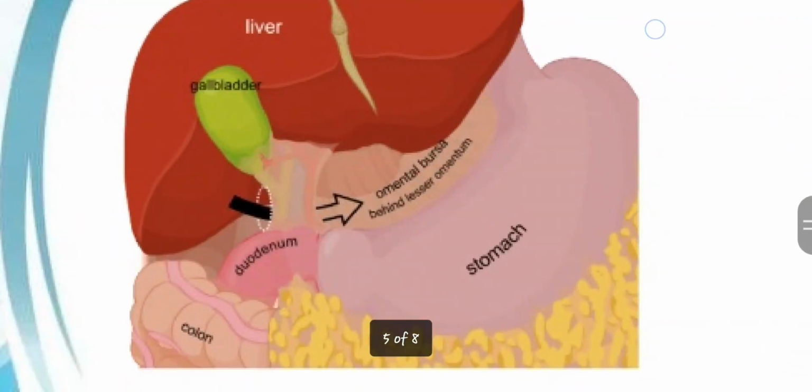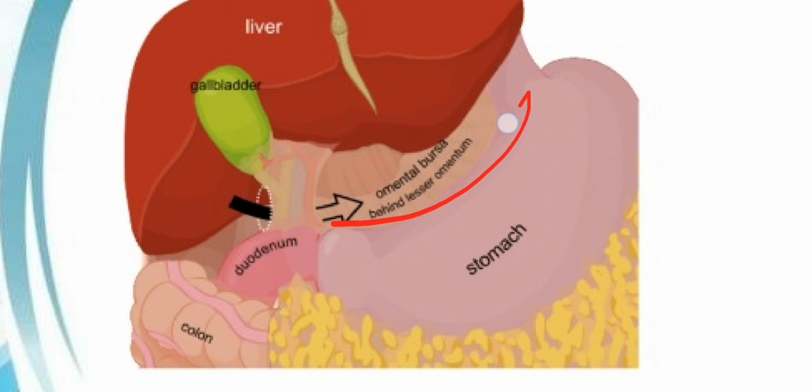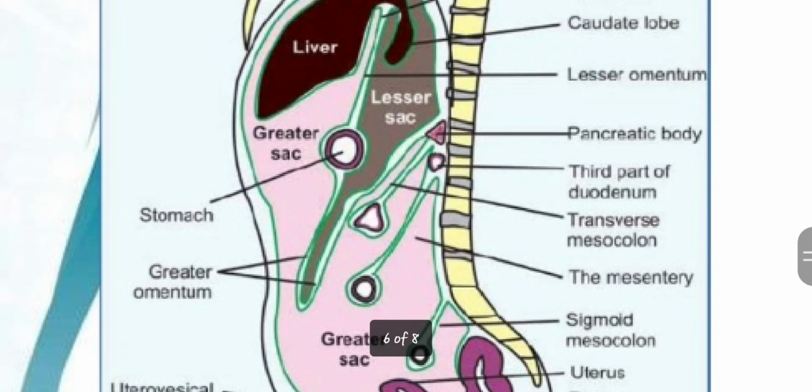You can appreciate the stomach, the greater curvature, and this is the liver. This is the lesser omentum normally, but behind it what is present? The lesser sac is present. In this picture you can see it clearly. The anterior relations are the posterior surface of the stomach and the first two layers of the greater omentum.